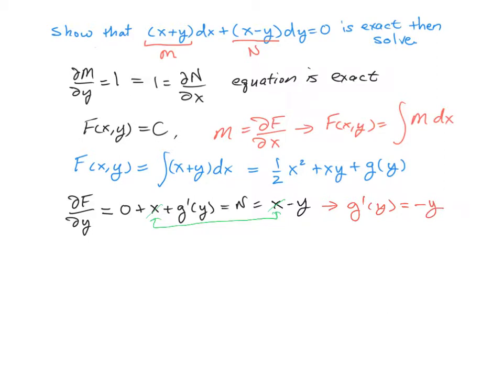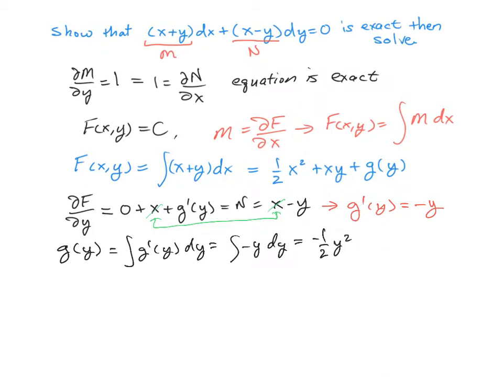And then to get the g, we just integrate with respect to y. And so if we integrate negative y dy, of course we get negative 1/2 y squared. And we do get an arbitrary constant, we'll call it k.